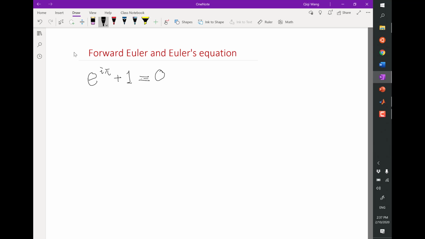Starting from 0. 0 is this special thing that has a link to the concept of addition. It's the only number that adds to itself and is actually itself, right? 0 plus 0 is 0. It adds with anything else to give that thing. How about 1? 1 is this special number linked to multiplication, right?